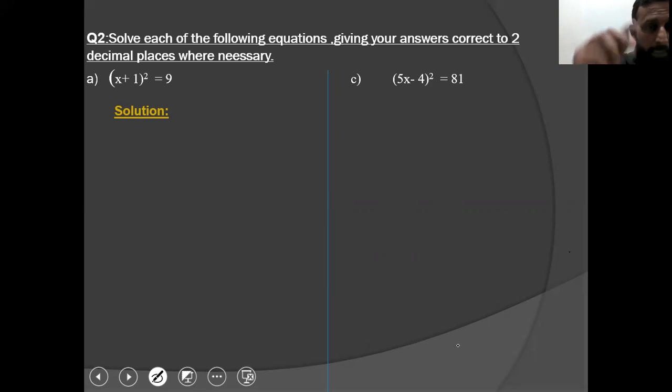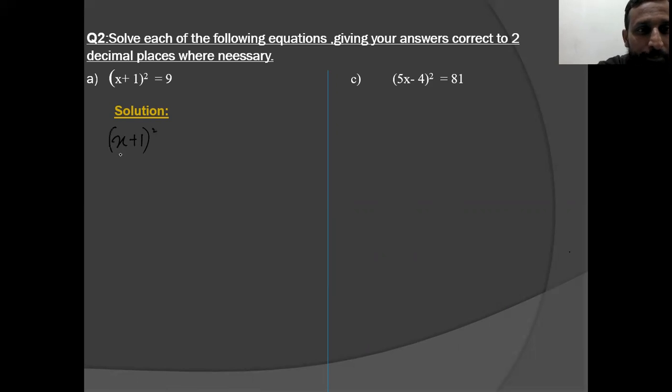So I can write it as x plus 1 whole square equals 3 square. Now we can see we have squares on both the sides. What do we do to get rid of squares? We take square roots on the two sides. So that is why we call it as taking square root methods.